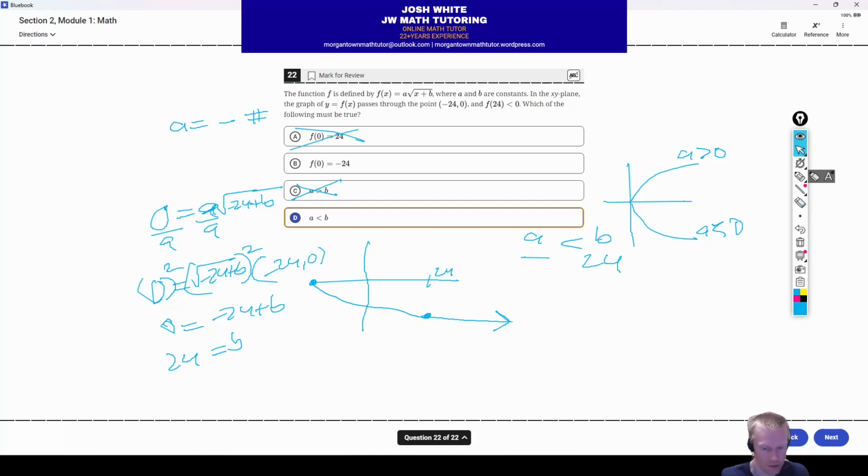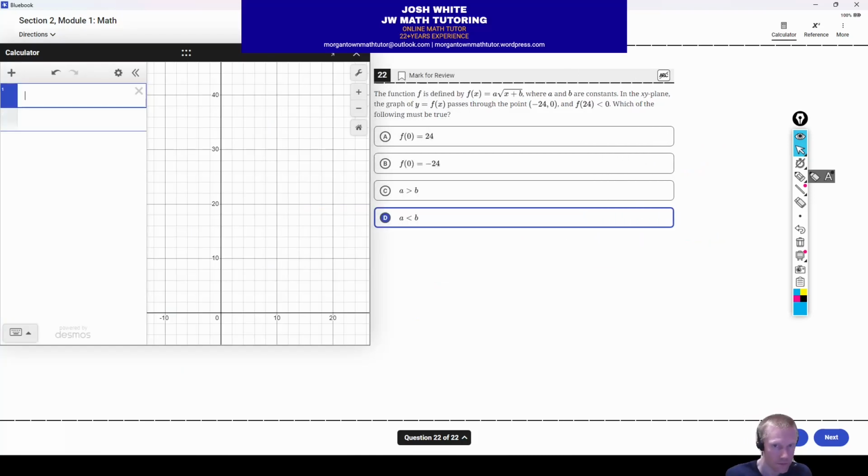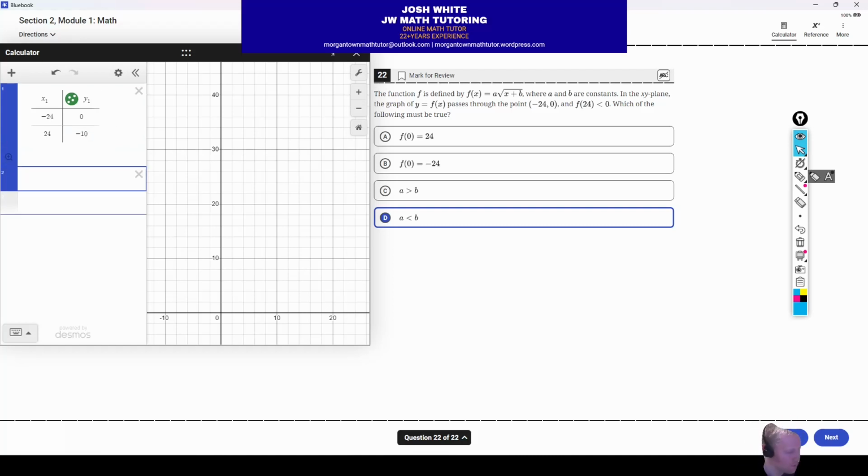Here's how you could do this in Desmos, though, just to confirm it. I put in a table here. I'm going to put in the negative 24, 0, and just a random negative value with the f of 24 point.